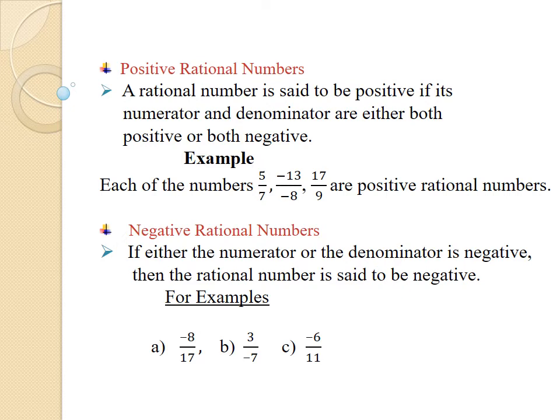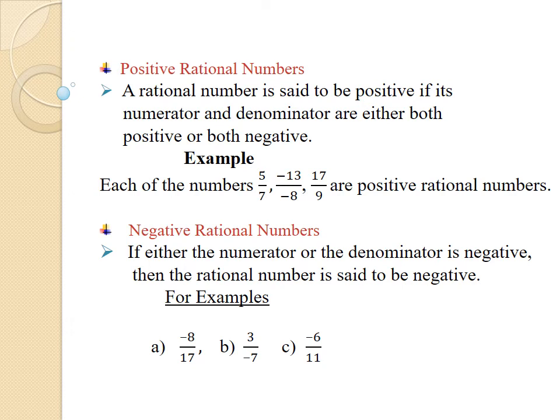Now, negative rational numbers. If either the numerator or the denominator is negative, then the rational number is said to be negative. For example, a, minus 8 upon 17 is a negative rational number because numerator and denominator have different signs, where numerator is negative and denominator is positive.